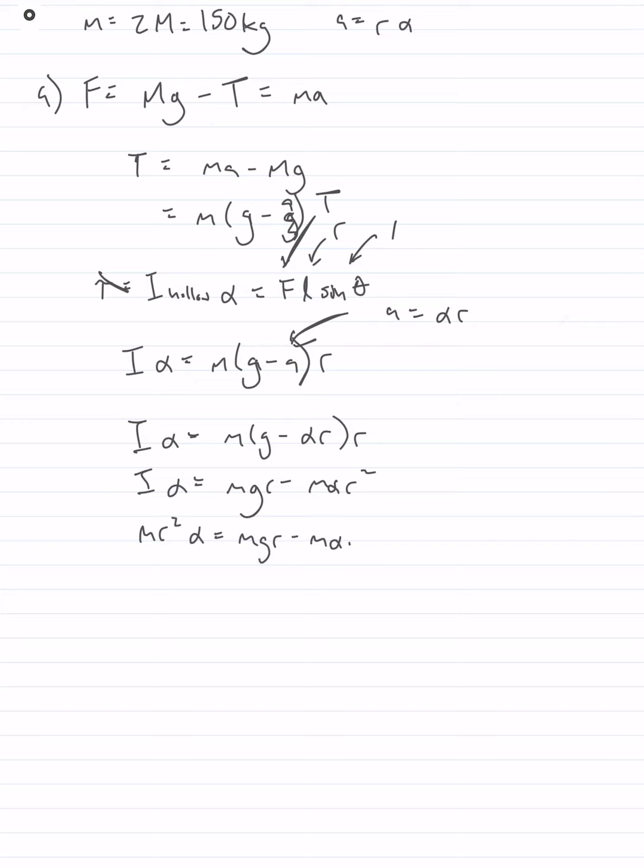Get rid of this, get rid of that. Gotta get rid of the m's, so g is equal to g minus alpha r, here as well, 2r alpha, and alpha is going to be equal to g over 2r.